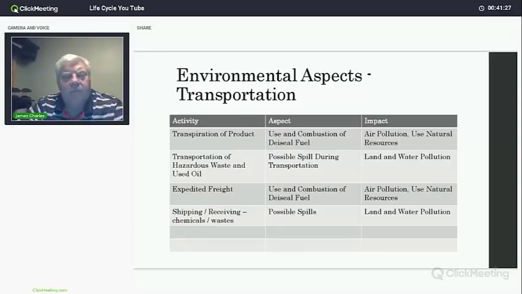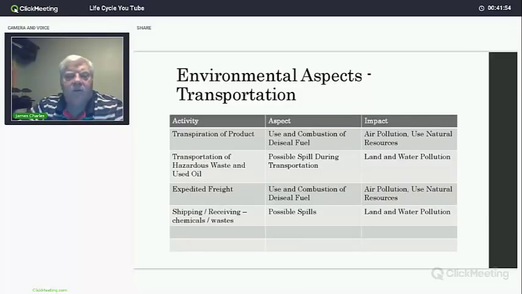Transportation, again, we transport our product to our customer. That consumes diesel fuel and combusts diesel fuel. The transportation of our waste, our hazardous waste and used oils. Those are chemicals that when they're transported could spill during a traffic accident or other issue.